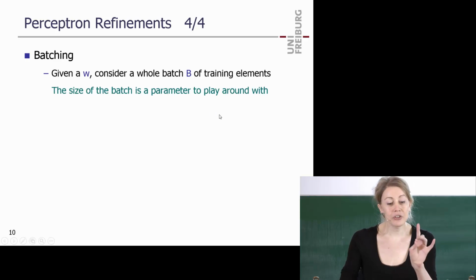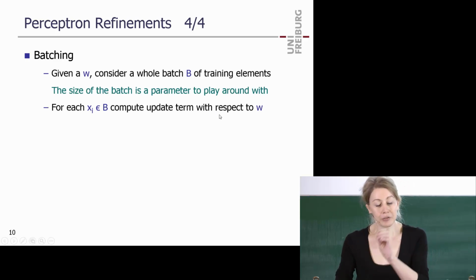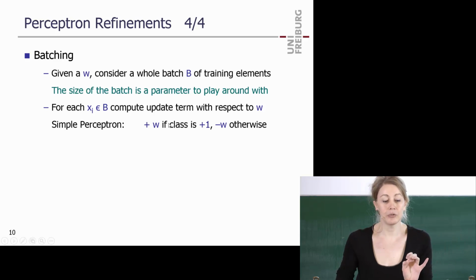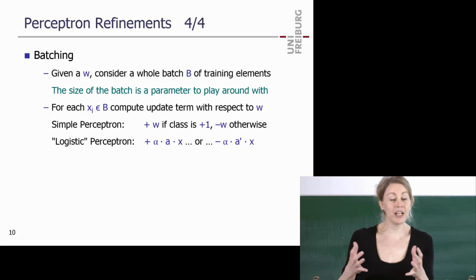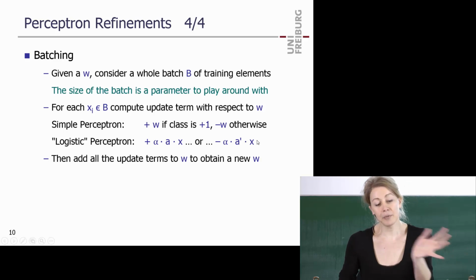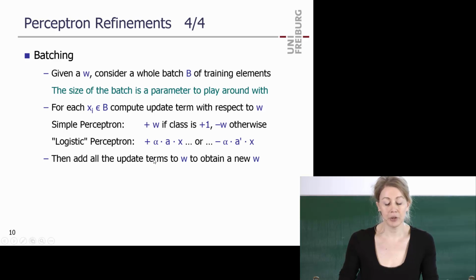Just do the update for every element in that batch with respect to the same W. For the simple perceptron, this was just plus or minus x. For this logistic thing, it was this more involved thing. Whatever you do, do it for 100 training elements at once with respect to the same W, and then add all the update terms at once to W and obtain a new W.